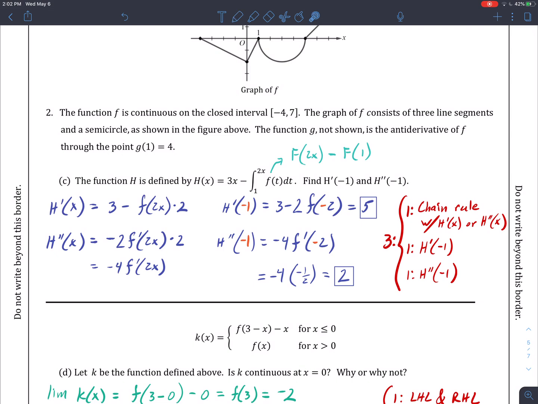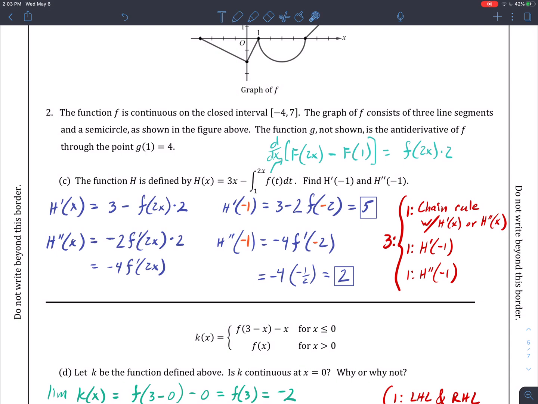But I am differentiating, so I integrated, and then I would have to take the derivative of that integral. The derivative of the integral would make this disappear, but then the derivative of capital F gets me back to little f. So I get little f of 2x, but this derivative requires the chain rule, so times another 2.